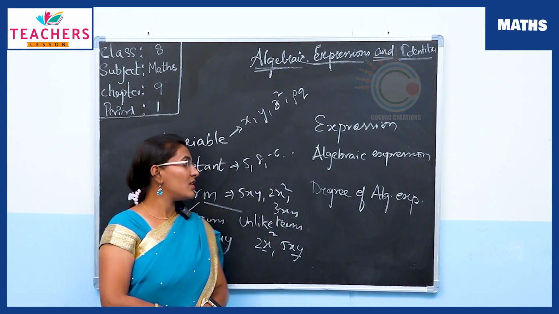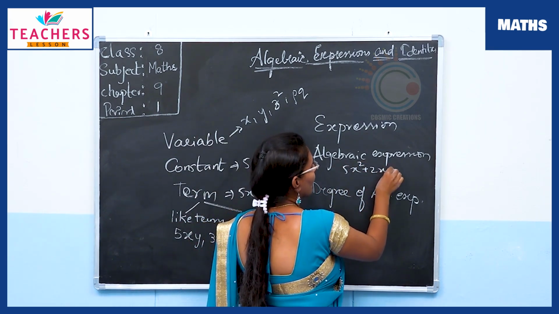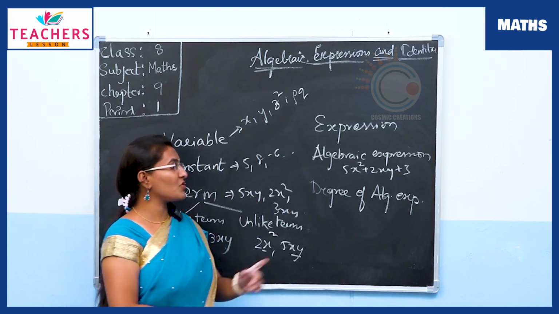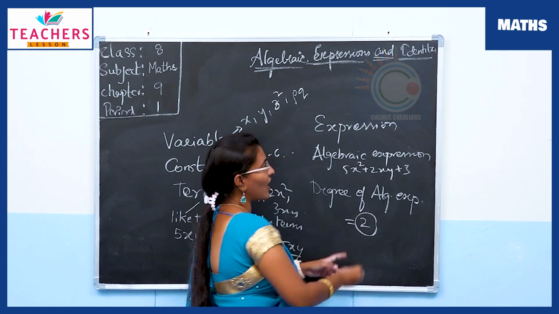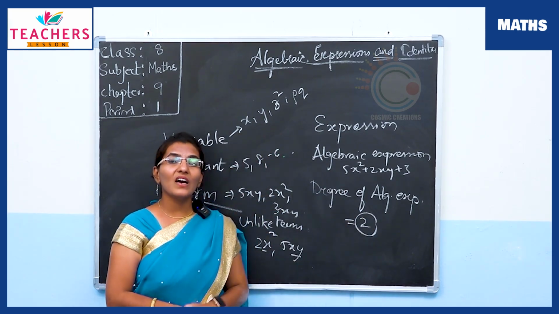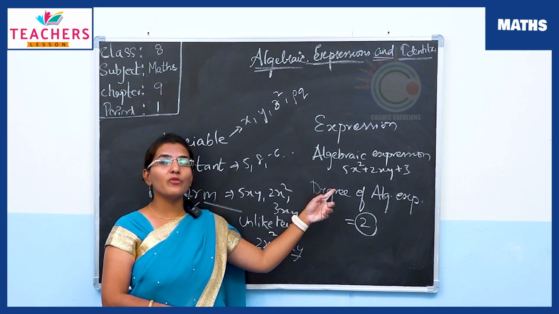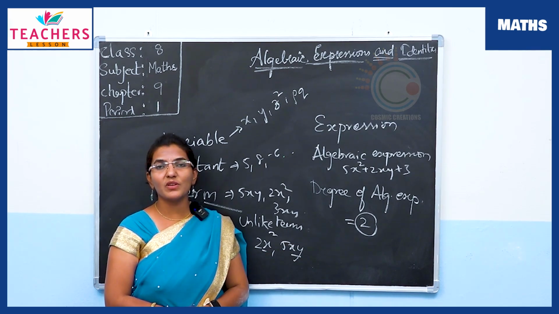How can I write it? 5x square plus 2xy plus 3. Next, the degree of an algebraic expression: we identify it as the highest term of a particular expression.